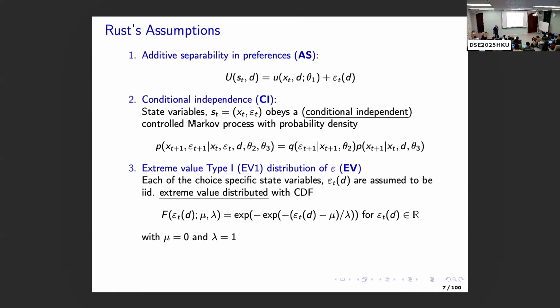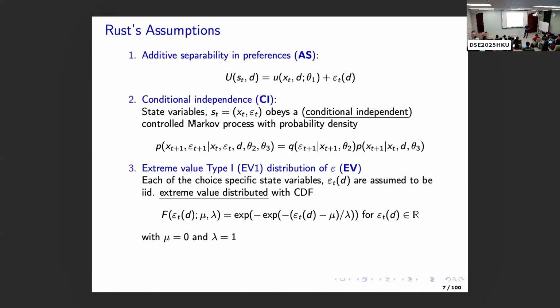Okay, so what can we do? We make assumptions. So we make some assumptions that make our life easier. We've seen some of them already. Like the first one, we're going to assume the utility is additively separable in the deterministic part of utility and this unobserved component of utility with these epsilons.